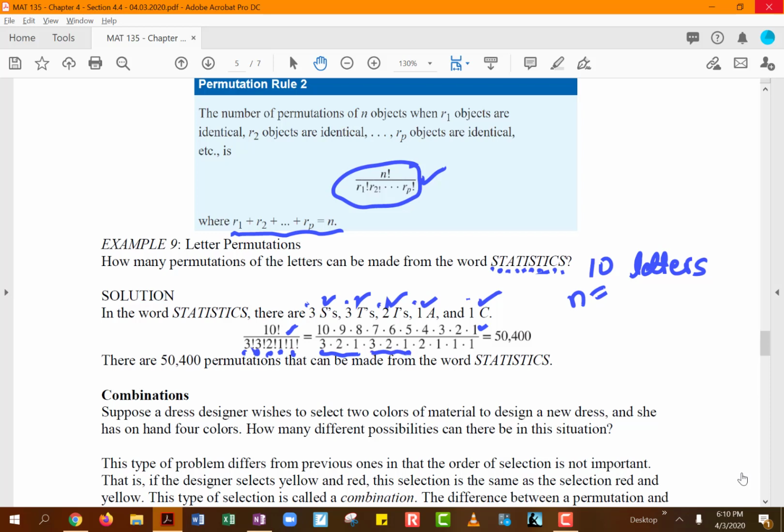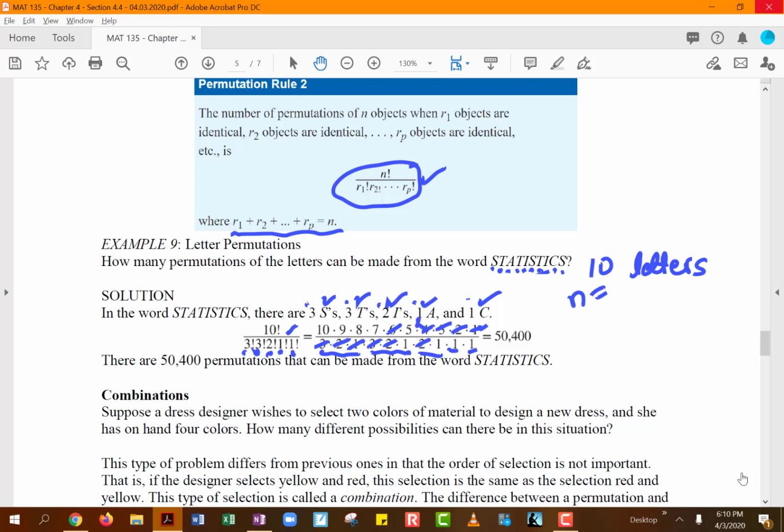You can do this however you want to, but I would definitely say 3 times 2 times 1 can cancel out with these. You can think of 3 times 2 being 6, so the 6 can cancel out. And then if you wanted to reduce, this 2 can go into this 4 2 times, and then you can multiply the remaining numbers.